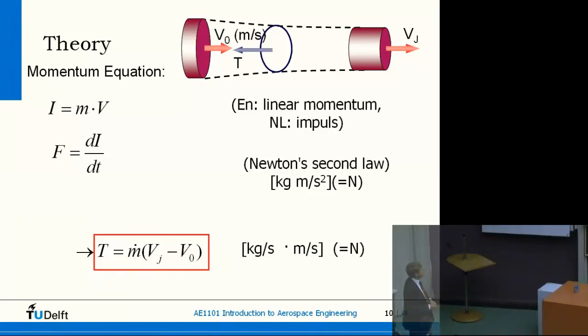Well, if we translate this to our example tube here, where the propeller or the engine is located, we can see that the amount of mass per second that goes through times the speed difference gives us the thrust. You can see also that the units fit well. So this is not a mass, but this is the mass per second. That's what the dot above the letter indicates.